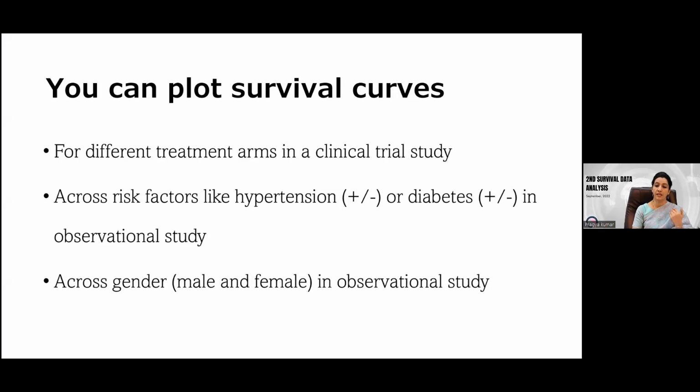Now whenever you compare two survival curves, the choice of the test is basically the Kaplan-Meier, and we plot the different survival curves. In what situation can you plot? If there is a randomized control trial, you can plot this survival curve across the different arms in a clinical study.